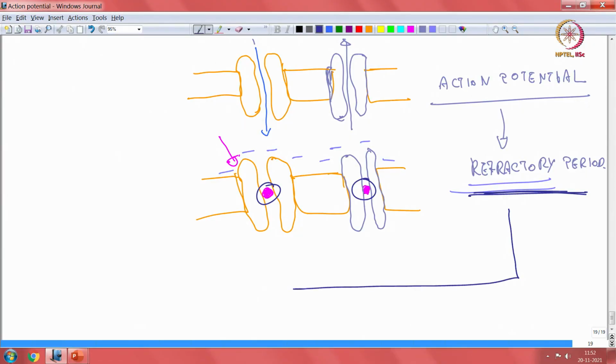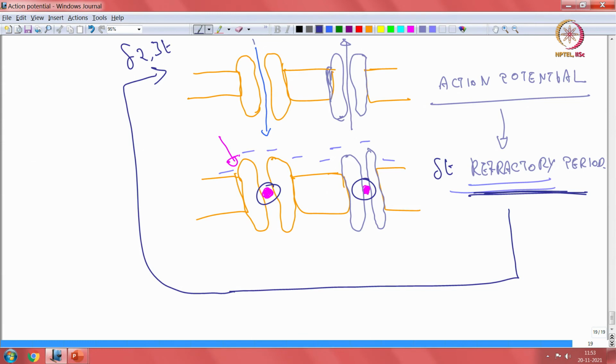A refractory period is a time when you cannot activate the channel like it is supposed to get activated. So, you wait for some period of time, say delta t, and after some more time, say 2 or 3 t, you can again stimulate the cell.